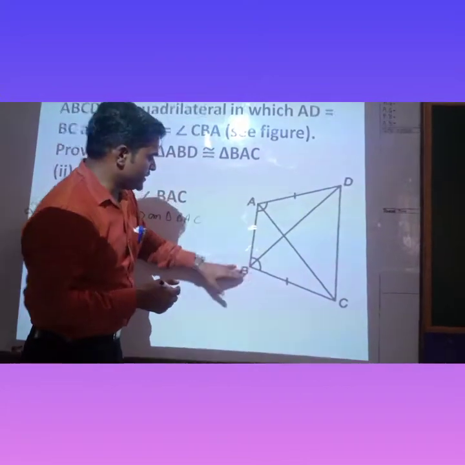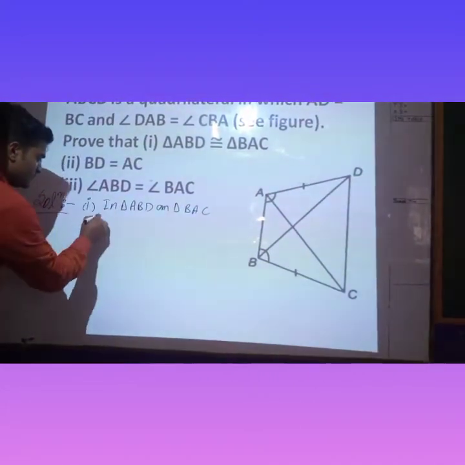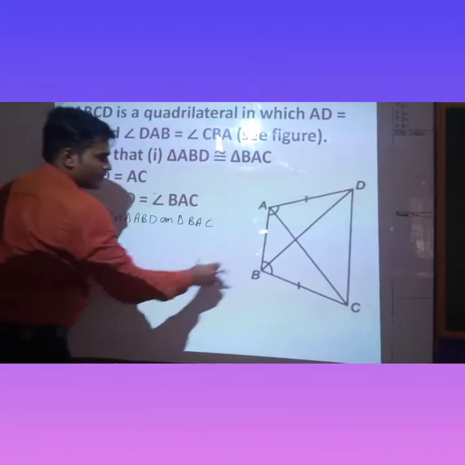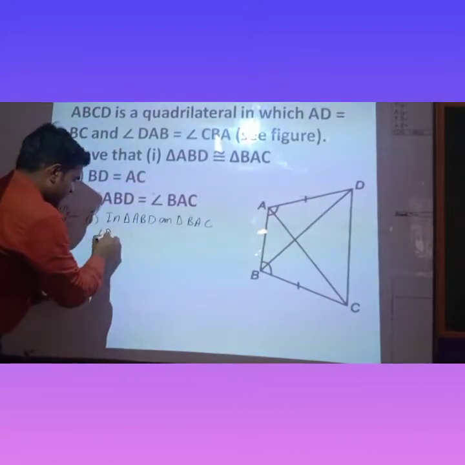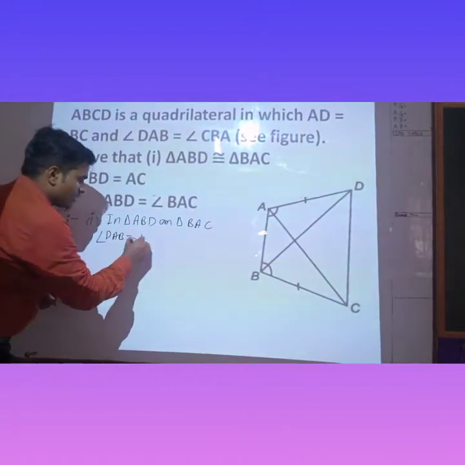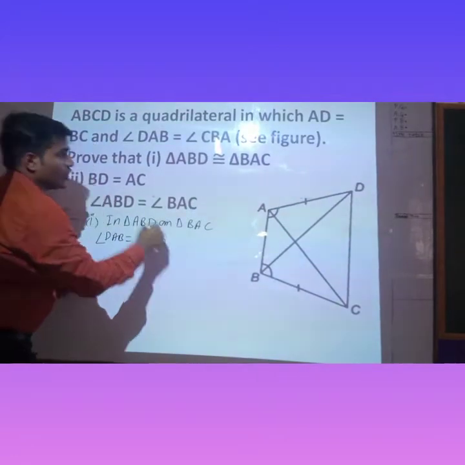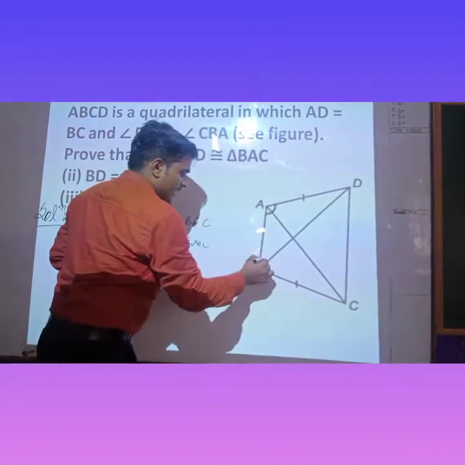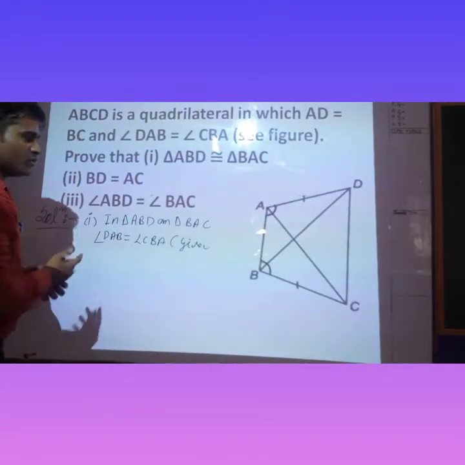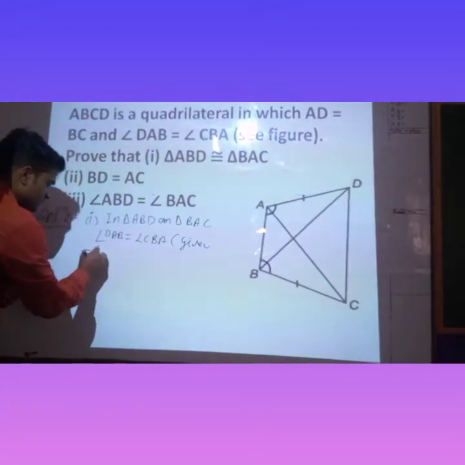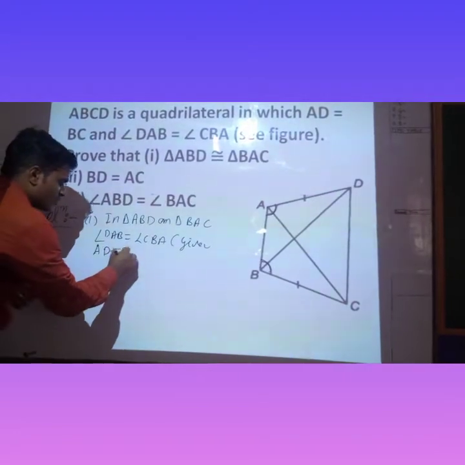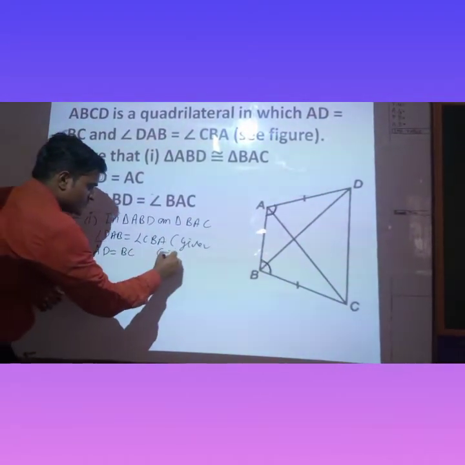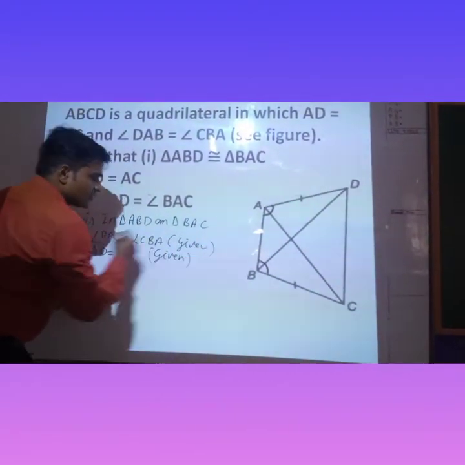angle DAB is equal to angle CBA, which is given. This angle and this angle are equal. Now AD is equal to BC, which is also given.